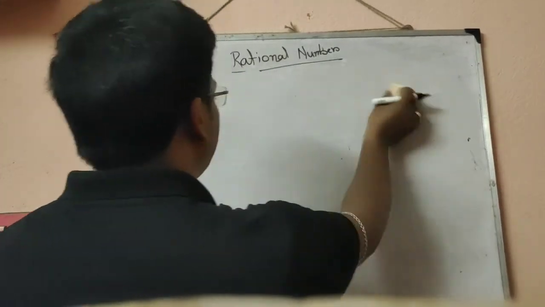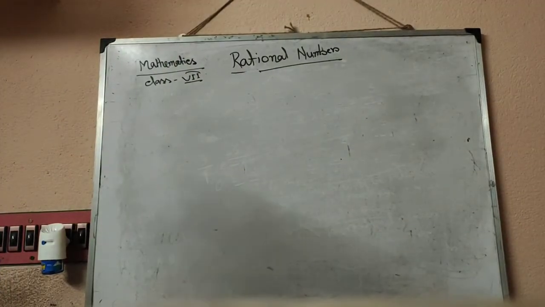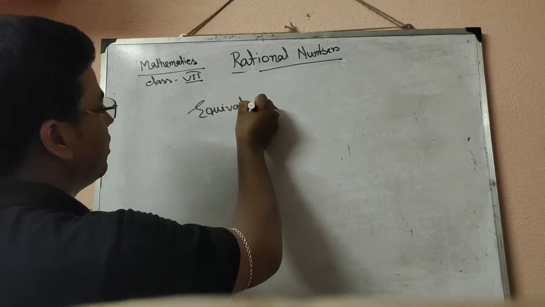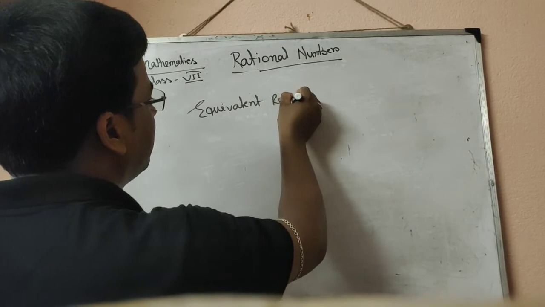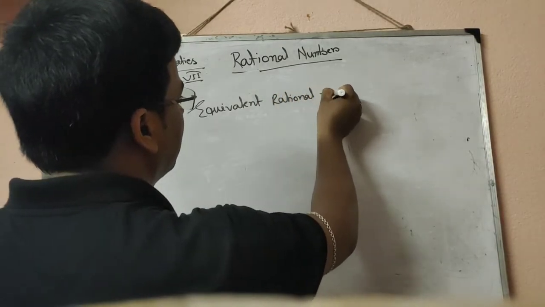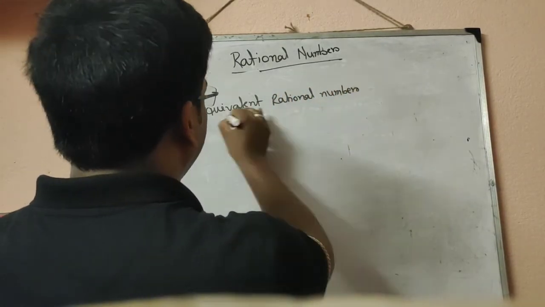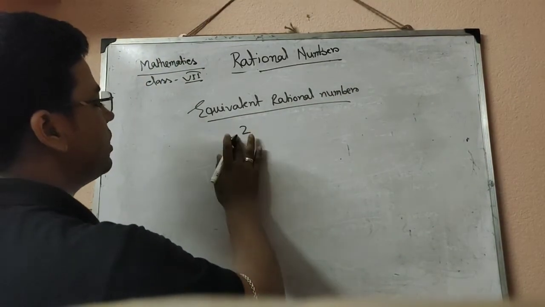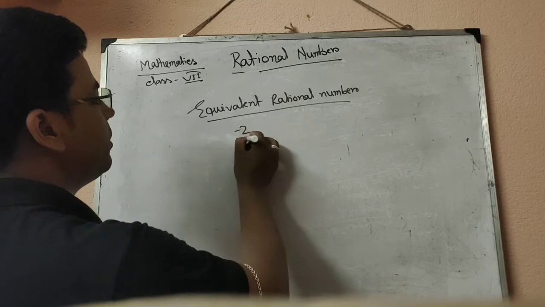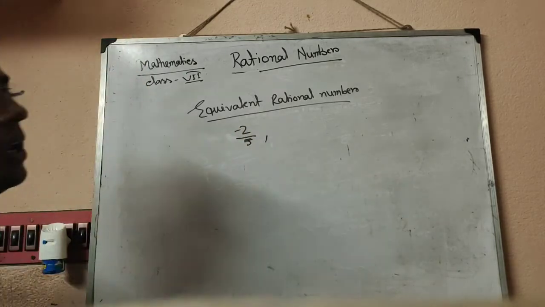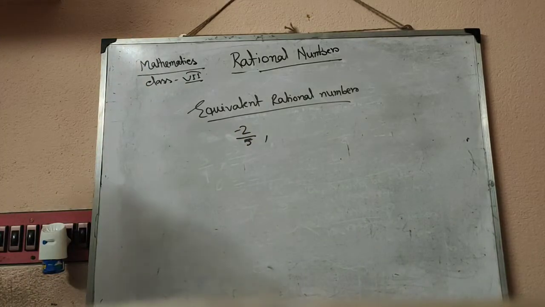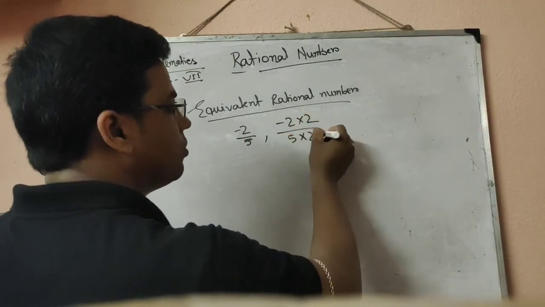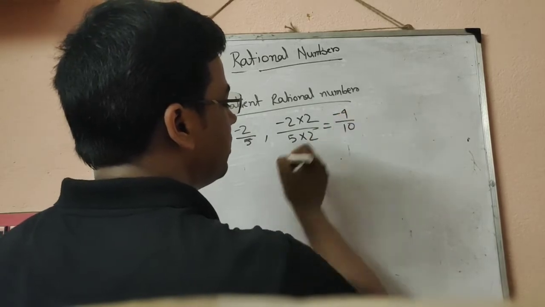Equivalent rational numbers. At first we discuss equivalent rational numbers. Equivalent rational numbers means, suppose a rational number minus 2 by 5. Its equivalent rational numbers will be minus 2 into 2 by 5 into 2, that means minus 4 by 10.